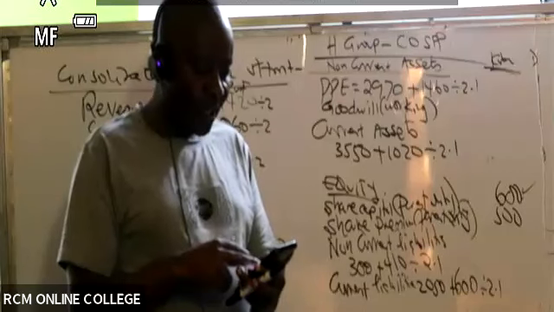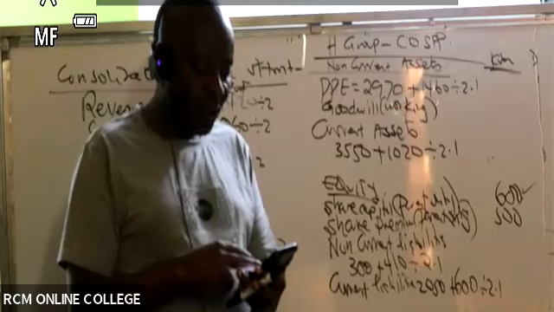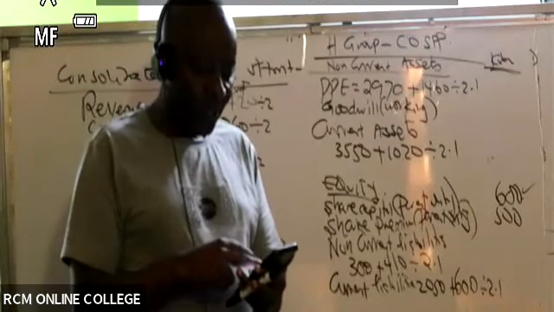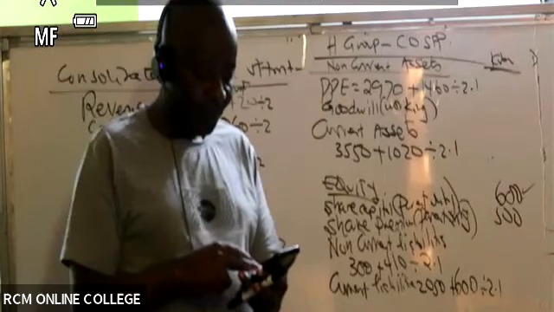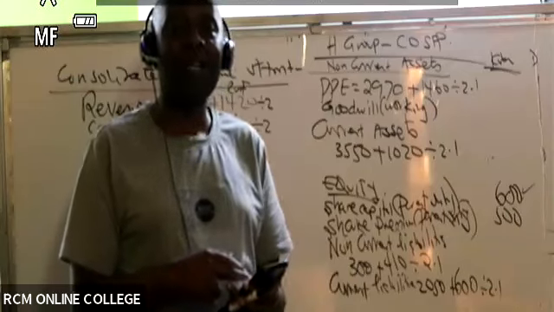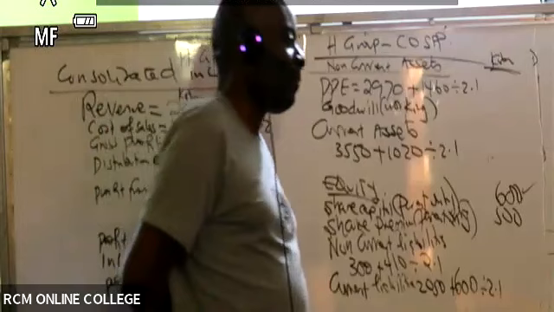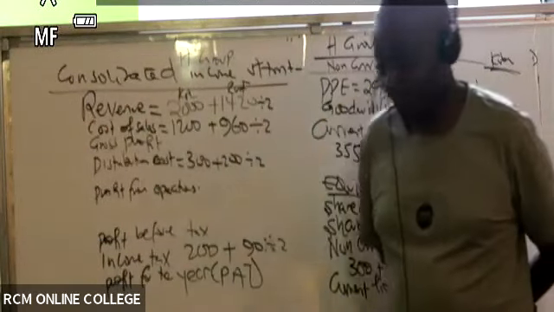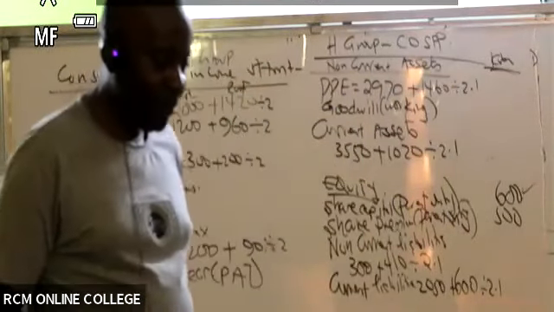Look at note number 2. During the year ended 30th April 2016, S Limited purchased raw materials from H Limited. They did business together. Is this a downstream or an upstream?